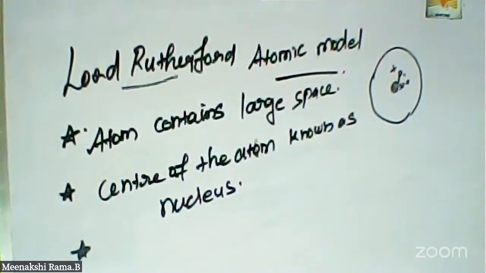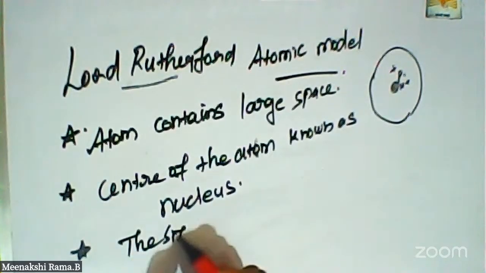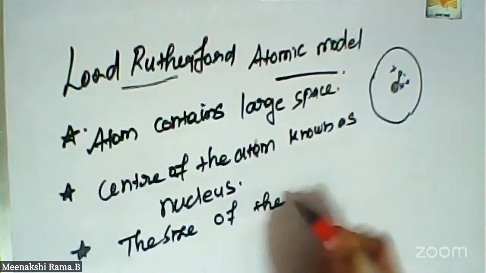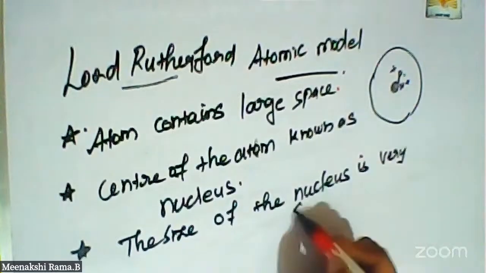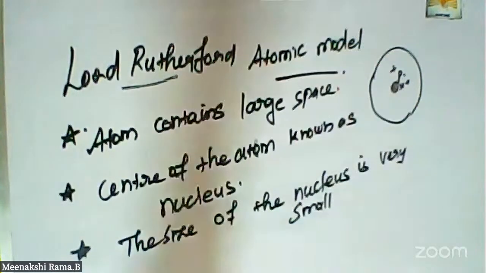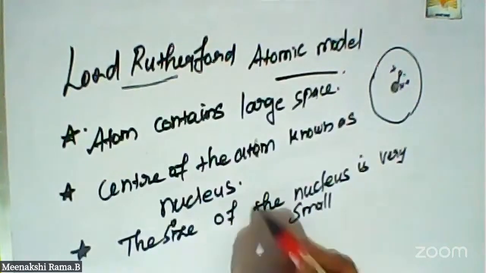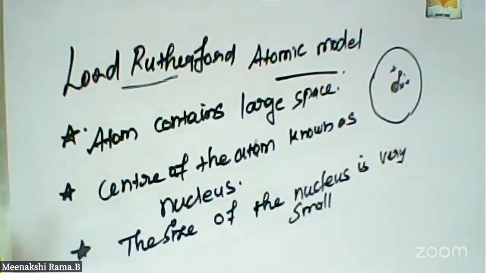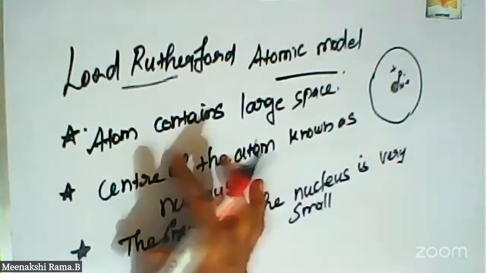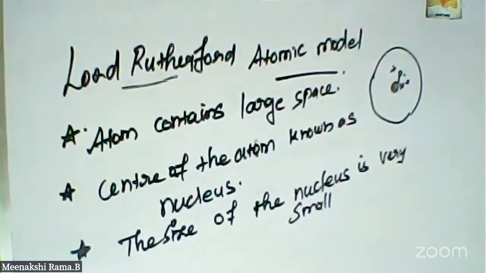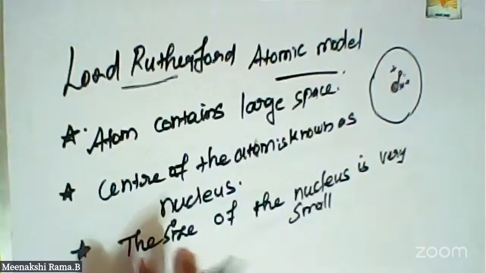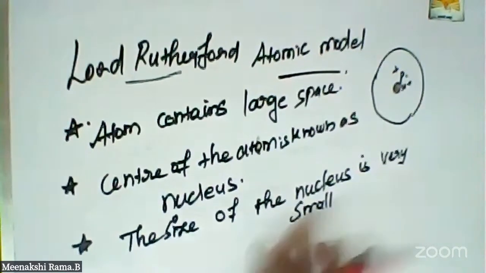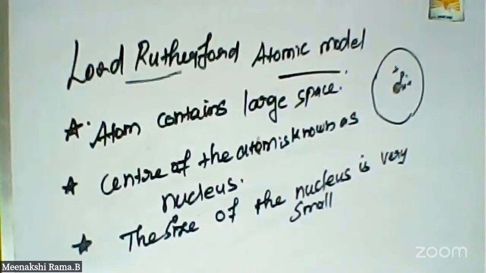So to recap: first, the atom contains large space; second, the center of the atom is known as the nucleus; third, the size of the nucleus is very small compared to the atom size.